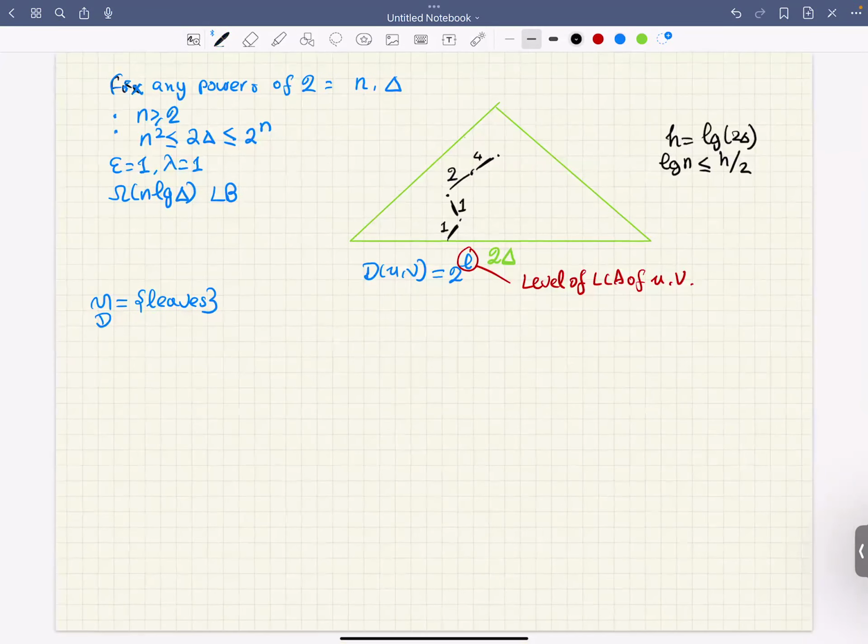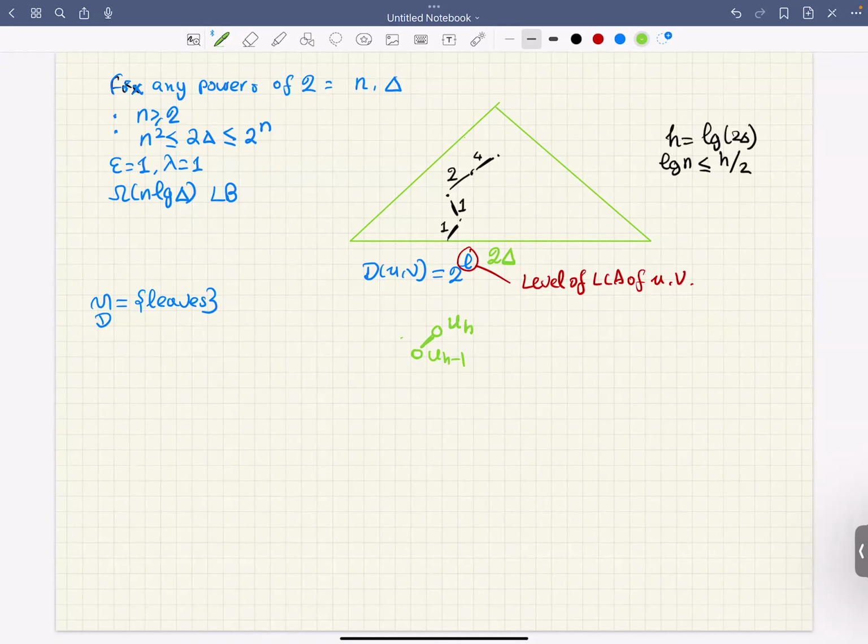Now, I want you to look at the leftmost path of this tree. This is the root of everybody, and I will denote it as U_H. H indicates which level. And then as you go down, I have U_{H-1}. Get used to the notation.